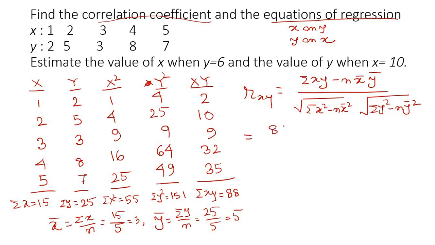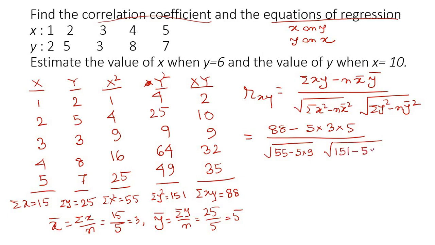Summation xy is 88 minus 5 into 3 into 5, divided by under root of summation x square, which is 55, minus 5 into 9, and summation y square, which is 151, minus 5 into 25.